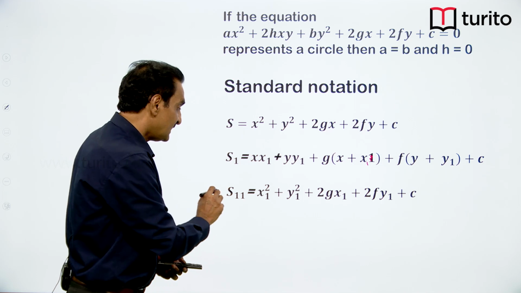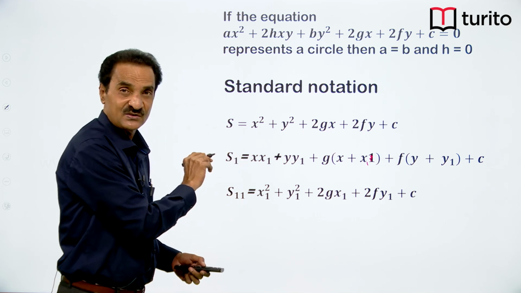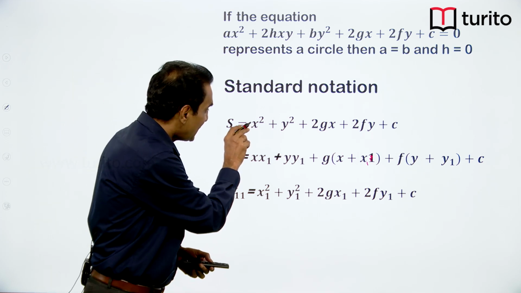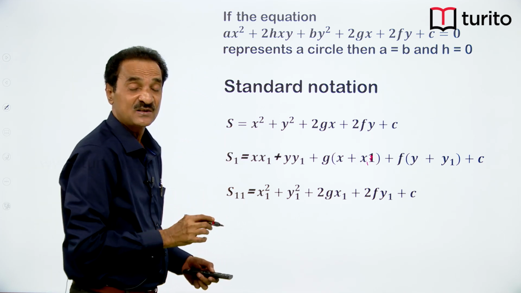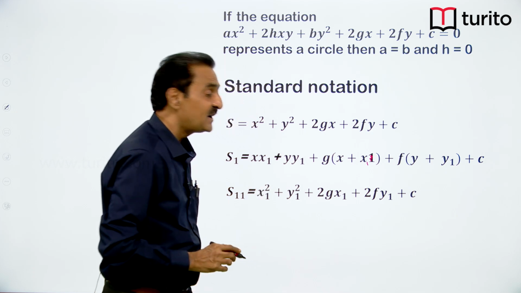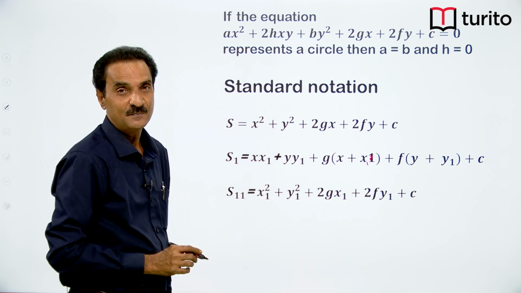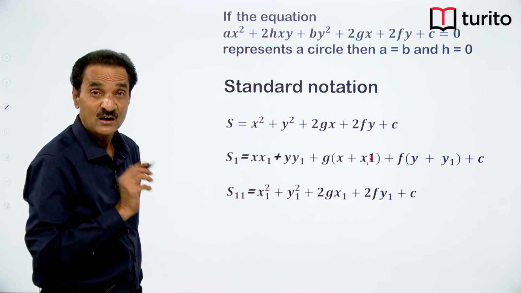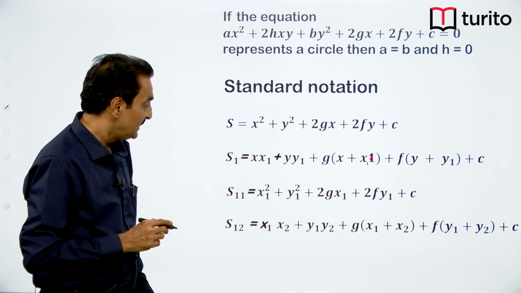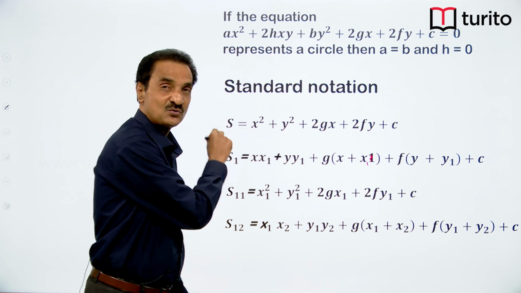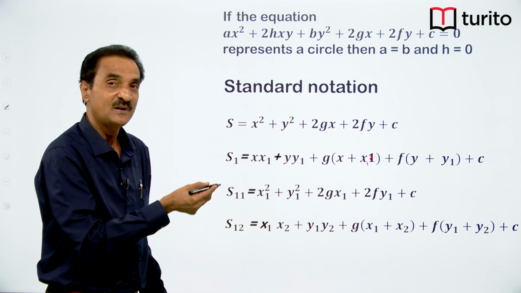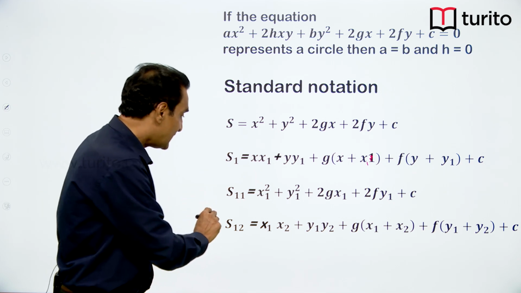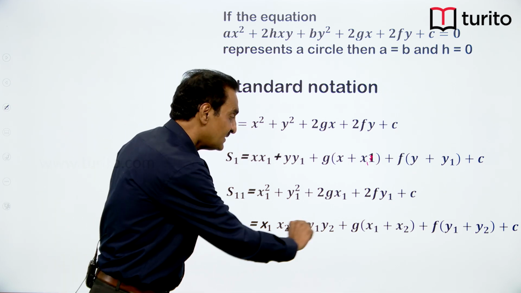Next, if you change both x's and both y's to x1 and y1, this expression becomes x1 square plus y1 square plus 2gx1 plus 2fy1 plus c. This is denoted by S11. If you change first x to x1, second x to x2, similarly first y to y1, second y to y2, then this expression becomes this.